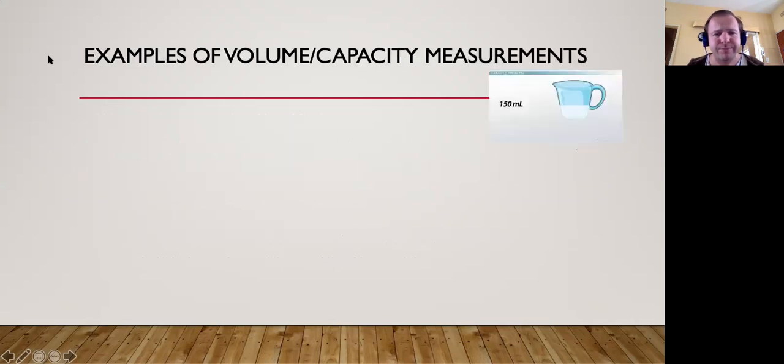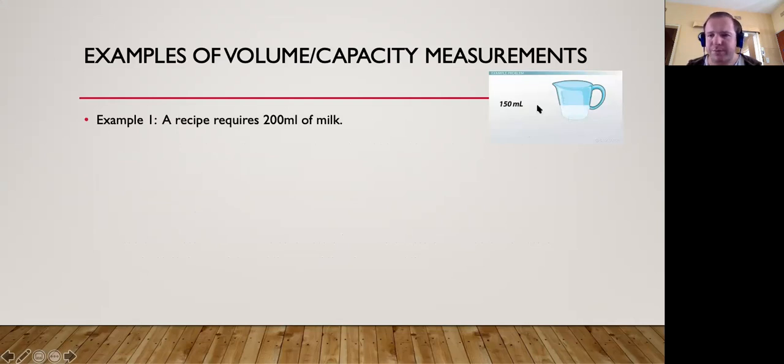So, examples. Underneath my screen over here, I have a milk jug of 150 milliliters. Let's say I ask you for a recipe that has 200 milliliters of milk. Is this going to be enough?